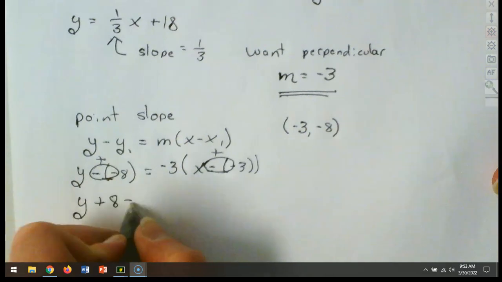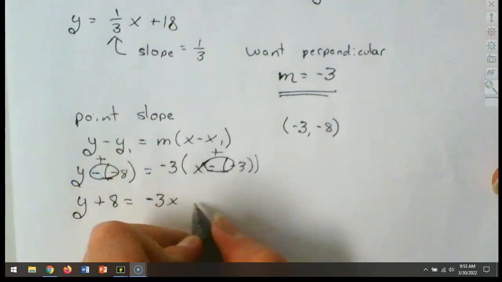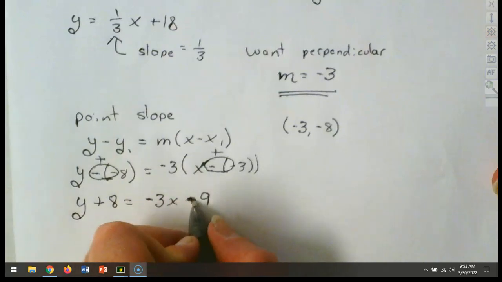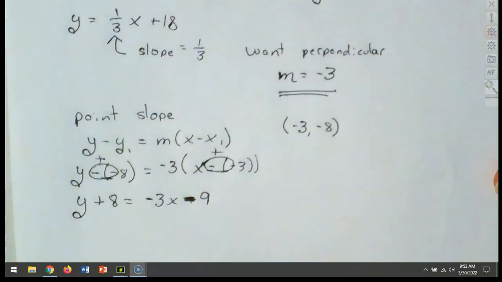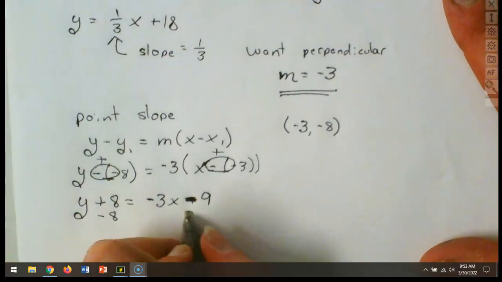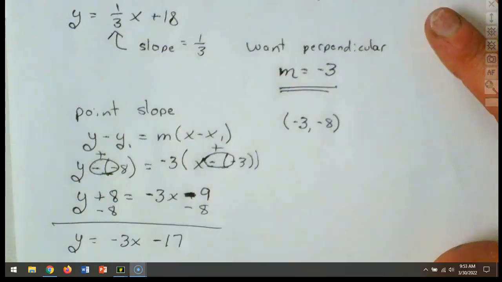So that's y plus 8 equals, now distributing through, negative 3x, minus 9 there. Watch your signs. Be very, very careful with those. We'll go ahead and get it in slope-intercept form first. Doesn't matter which one we do first. We've got to get it in both. And that is then y equals negative 3x minus 17.